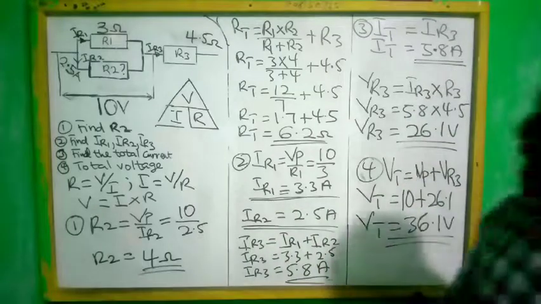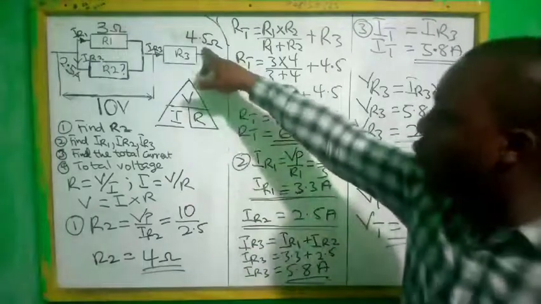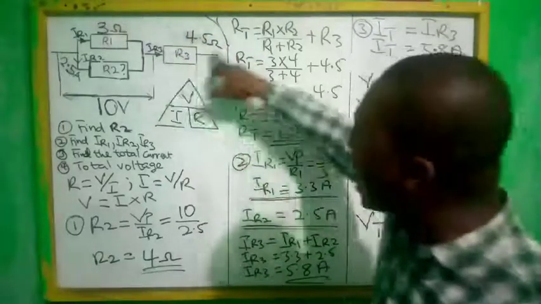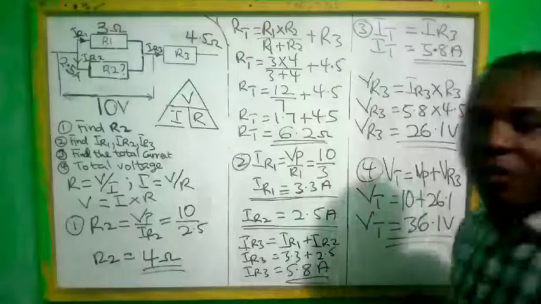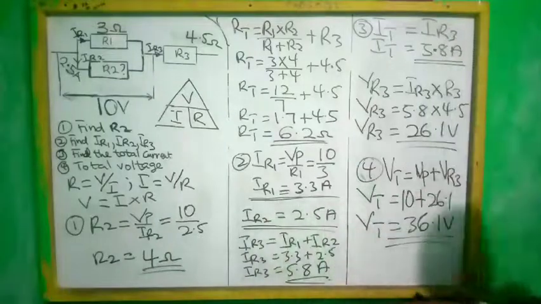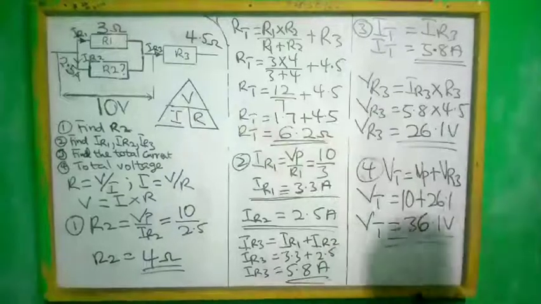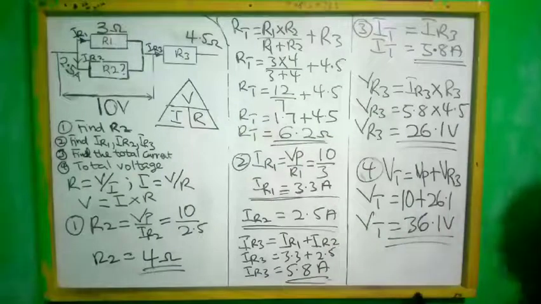Now, let's check and see whether we'll have 4.5 ohms. Our voltage across the 4.5 ohms resistor is 26.1.